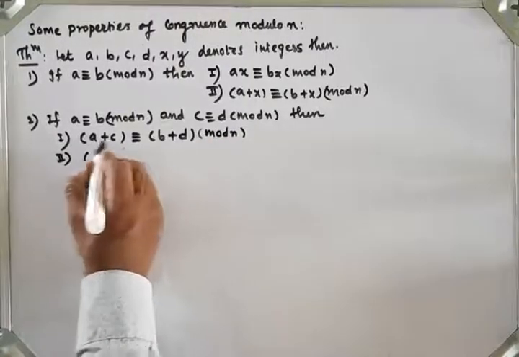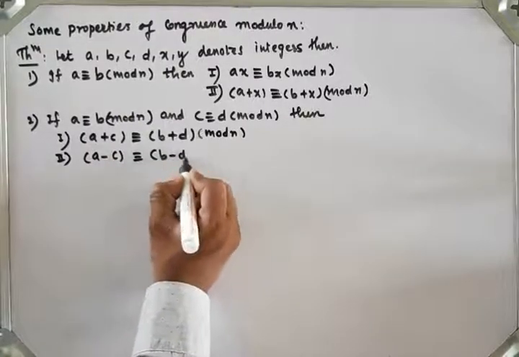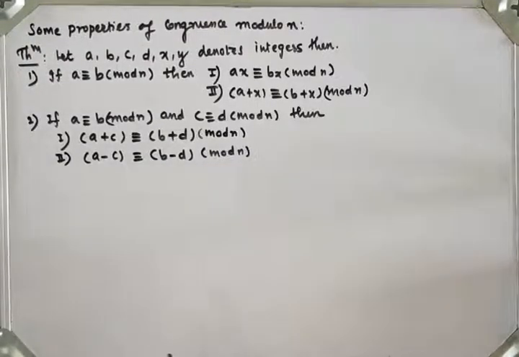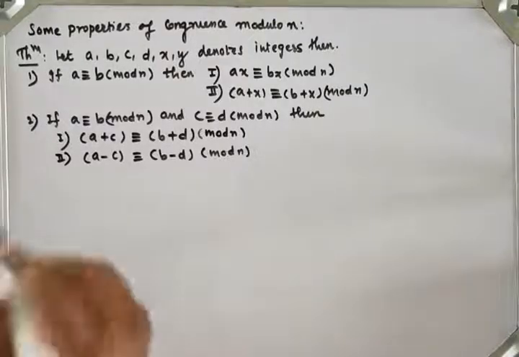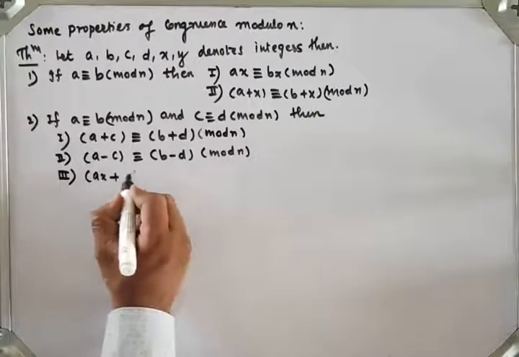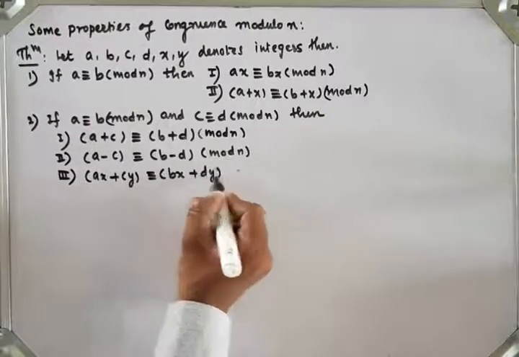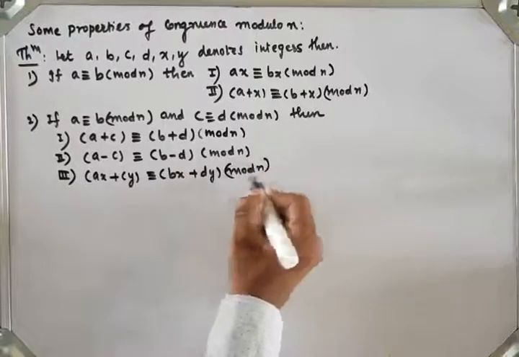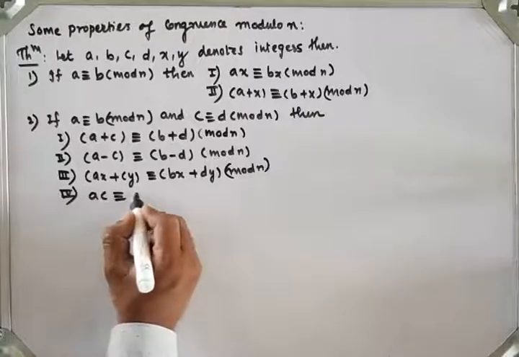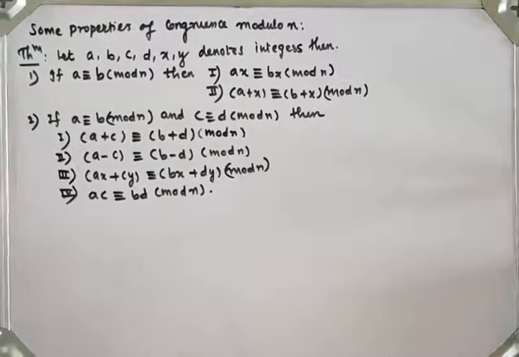Second, here is addition, so I will write subtraction: a minus c is congruent to b minus d modulo n. Third, ax plus cy is congruent to bx plus dy modulo n. And last, fourth, ac is congruent to bd modulo n. So let us prove these properties or theorem.